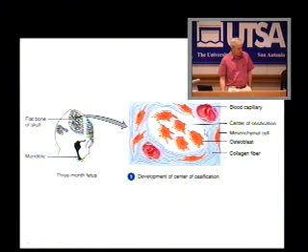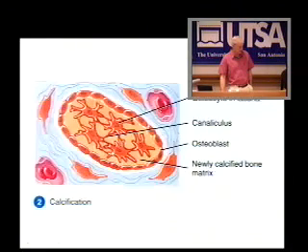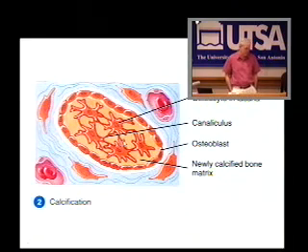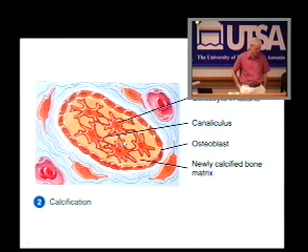And then in the surrounding mesenchyme, we see mesenchymal cells in this area, not quite yet committed to one cell type or another. Many of these, of course, will become fibroblasts that maintain the connective tissue surrounding the bone. And we'll talk about the development of that periosteum in a moment.